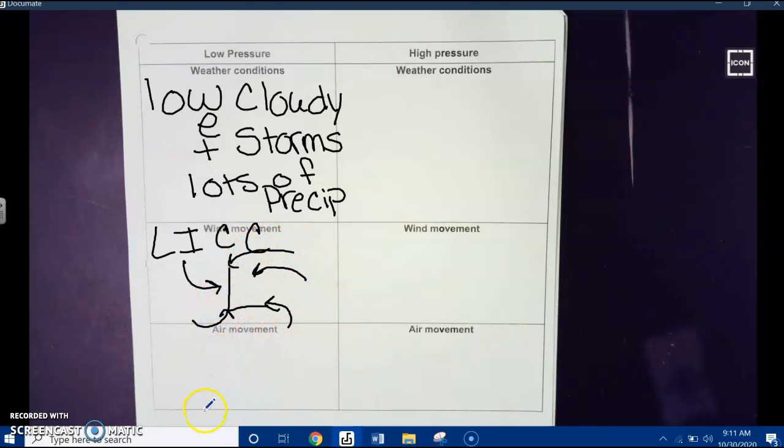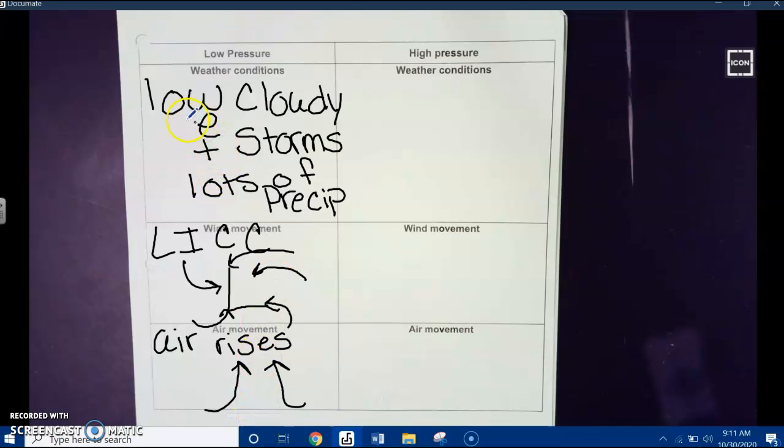Our air movement, as I said, and in the video they showed, is that our air rises. Air rises and it makes clouds. Okay?